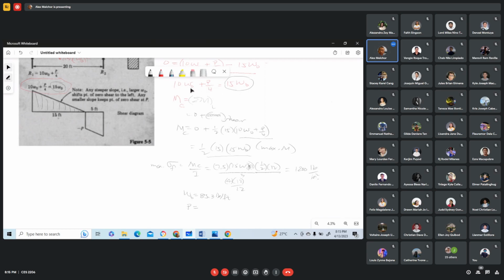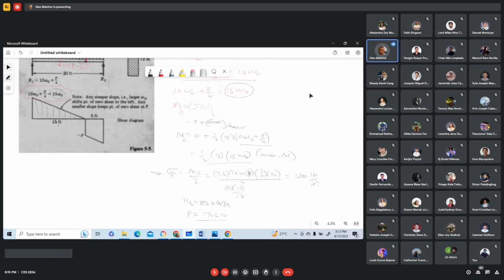You have here an equation with two unknowns, W sub O and P, so you can solve for P, knowing W sub O. Our P is 1,706 pounds. So that is how to solve the problem. If there are no questions, we proceed to the next.